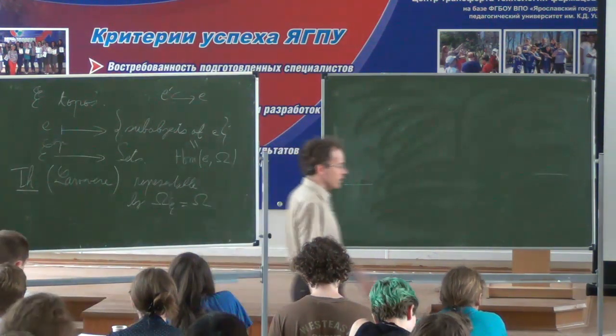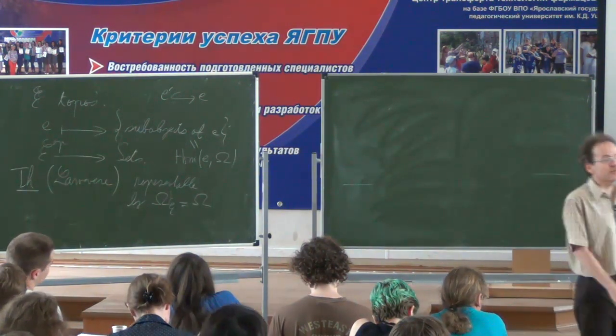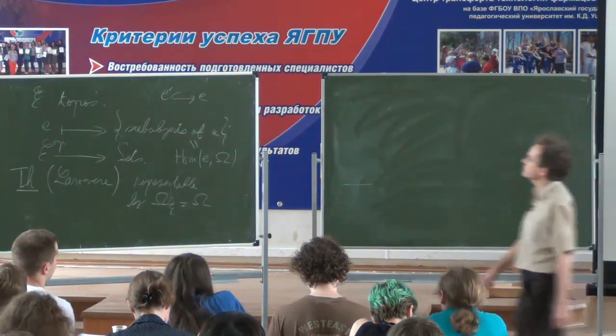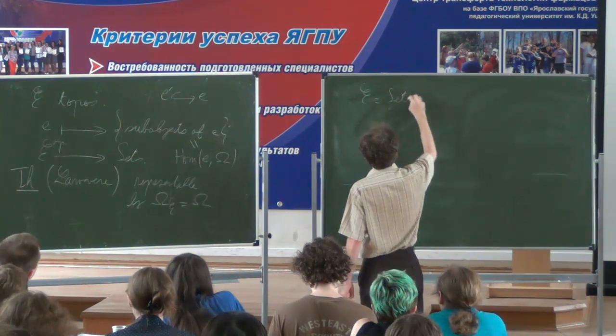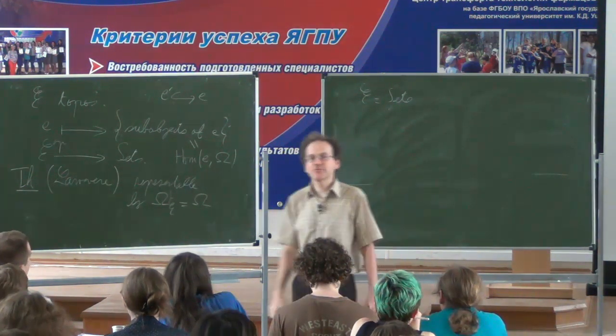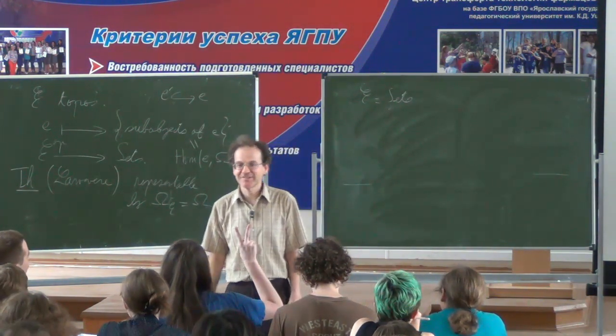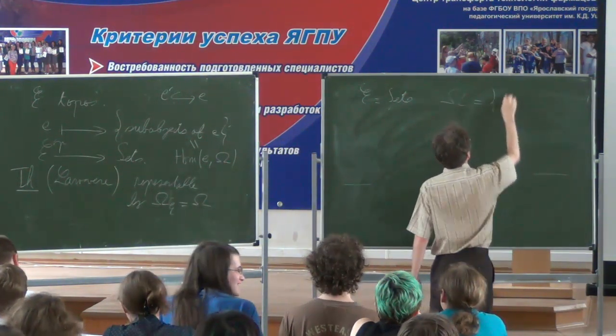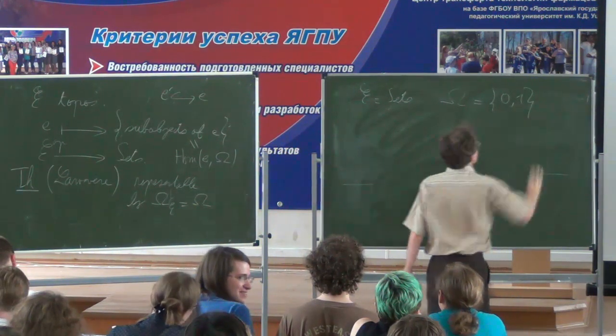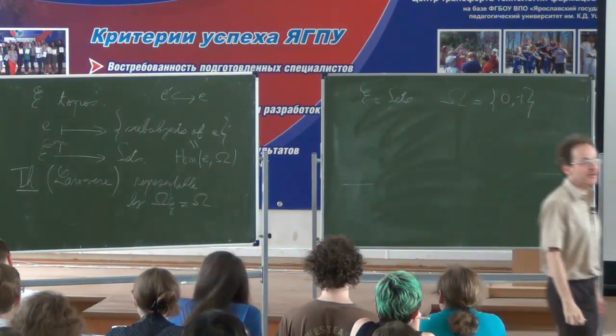Okay, so you may wonder, do we know this object in the case of sets? So what is a subobject classifier in the case of sets? Yes, exactly. So omega is a set consisting of 2 elements.